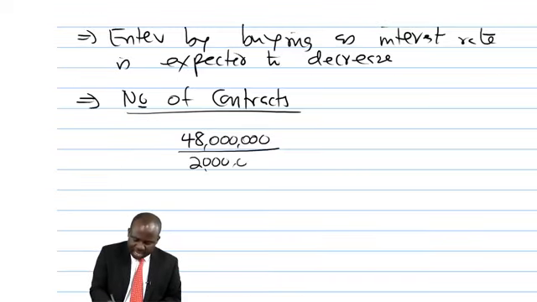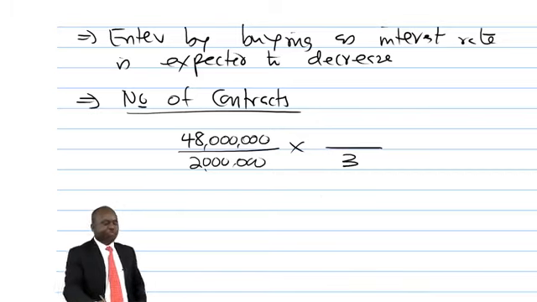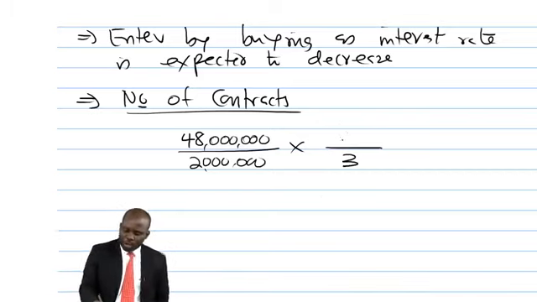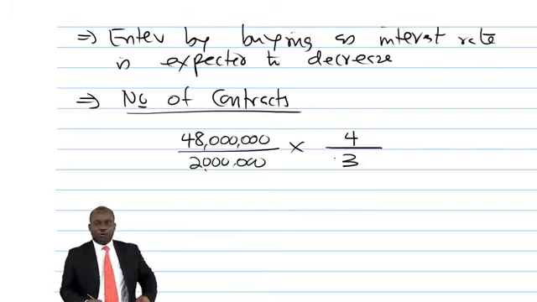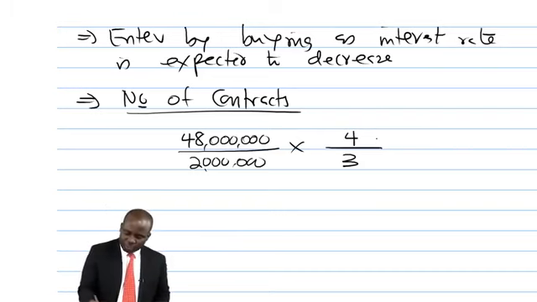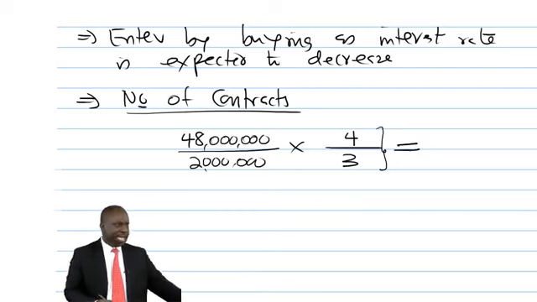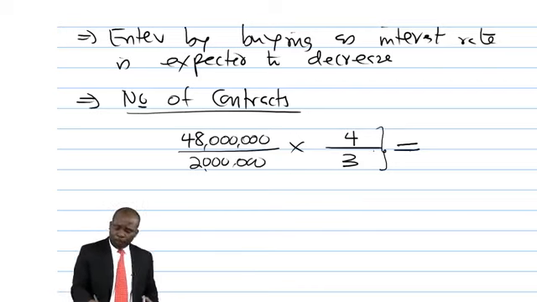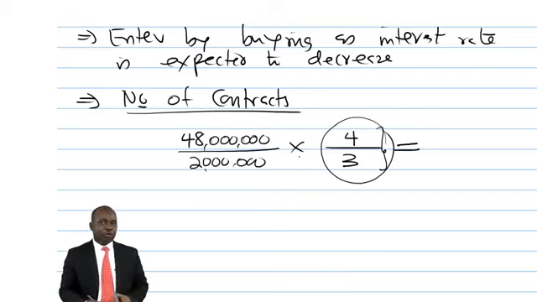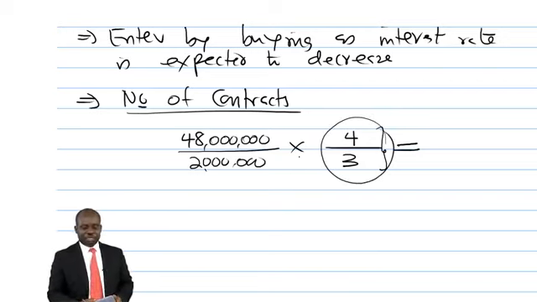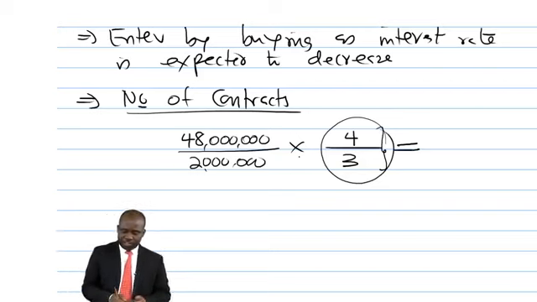This 2 million is in a cycle of 3 months, but this 48 million you are going to invest over a period of what? 4 months. This is what is explaining the maturity mismatch. So please, when you are about to calculate number of contracts in futures, watch out for the maturity mismatch.